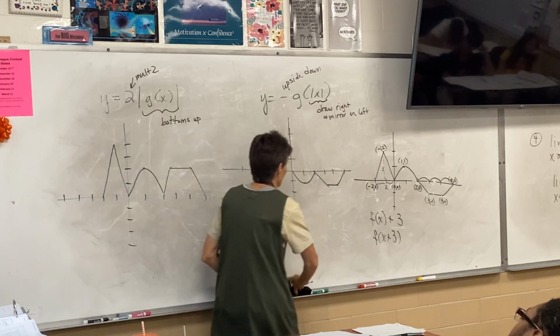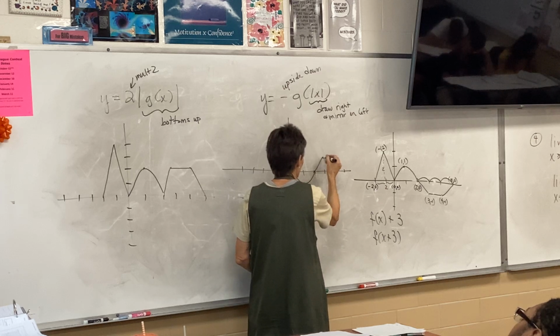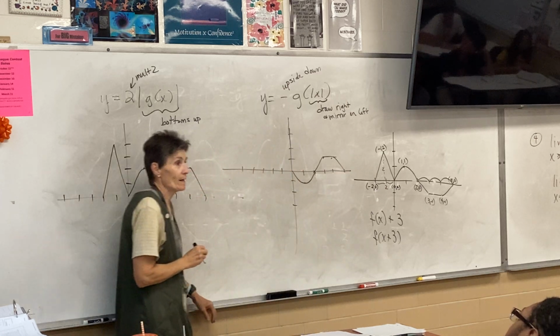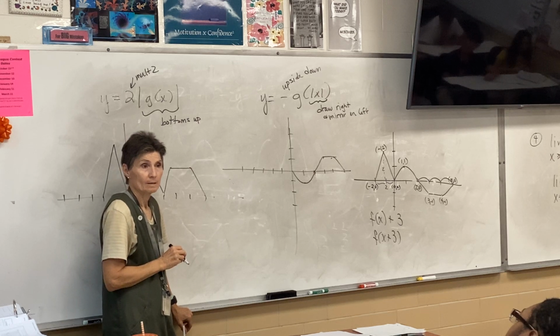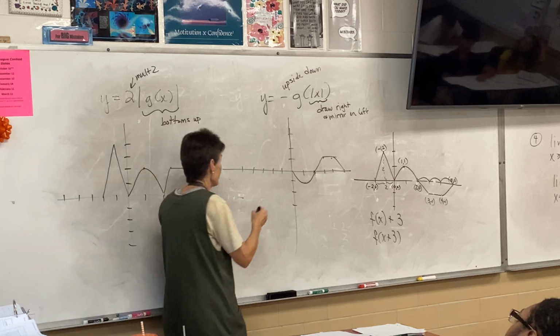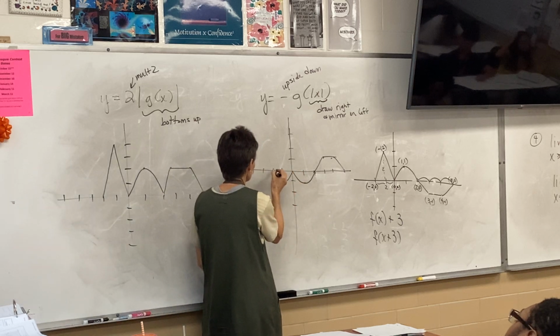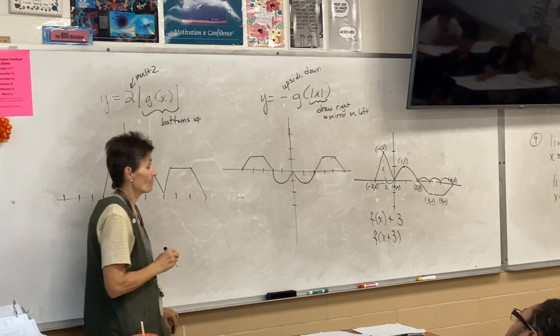No, that's not okay. This is okay. Is that better? Sorry about that. Right side upside down. Now what? Same thing on the other side. Exactly the same thing on the other side. And there you go.